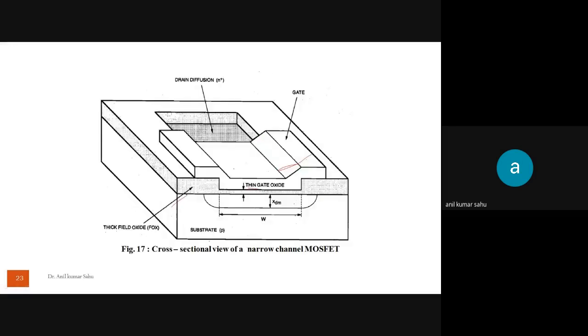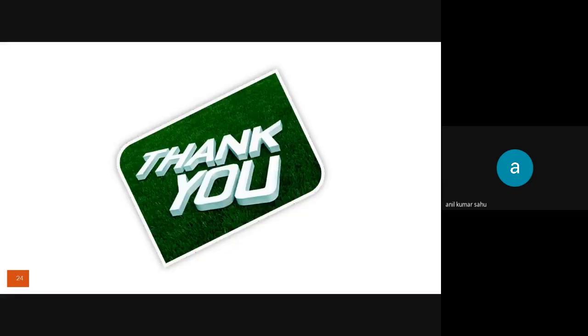Narrow channel means the channel can become very narrow because of shrinking the size of the device, and this will adversely affect the device. This is the cross-sectional view of the narrow channel MOSFET.